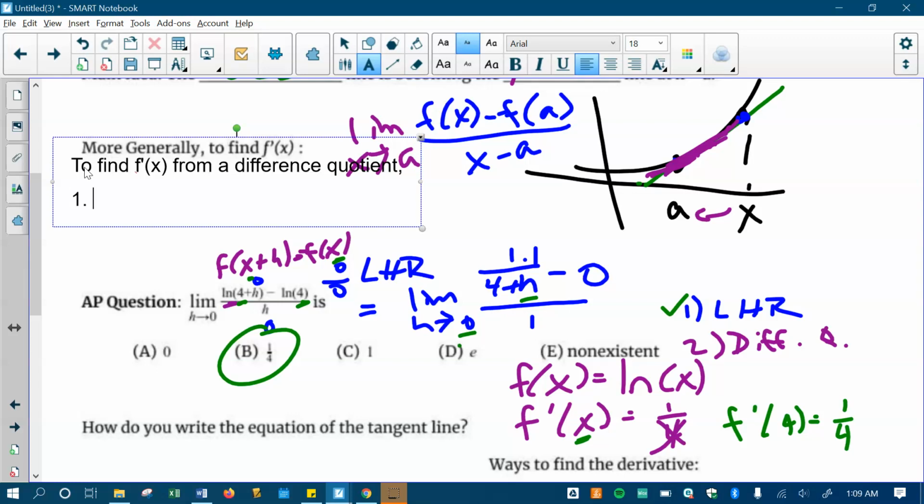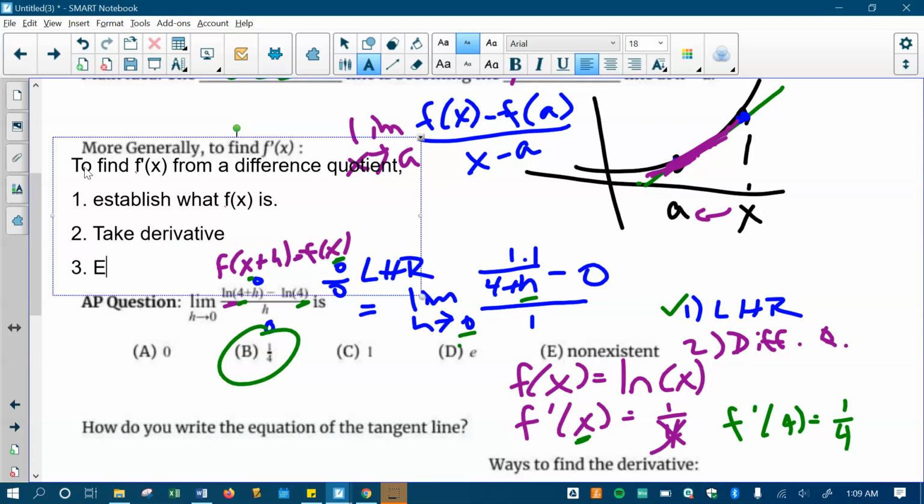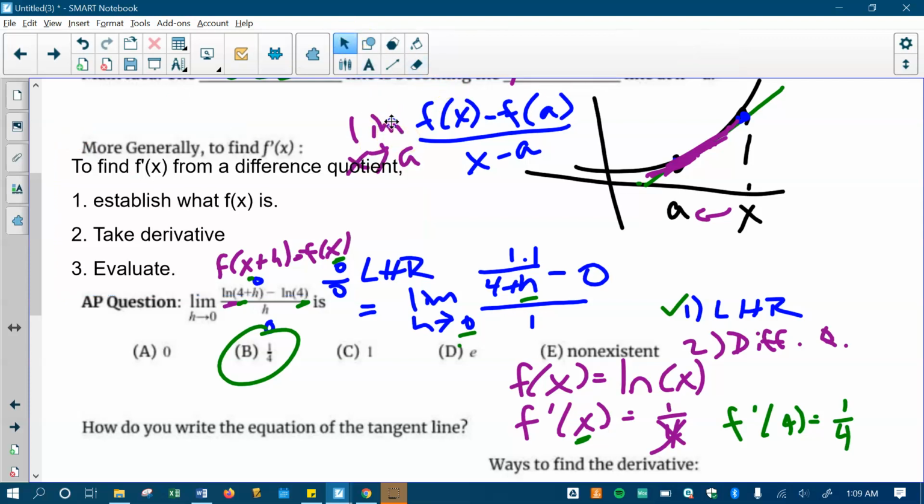Step 1, establish the function, establish what f of x is. 2, take the derivative with whatever rules you know. 3, evaluate with whatever the x value is. Then that's it. Just move this out of the way, and then we'll move on to the next part, how to write an equation of a tangent line.